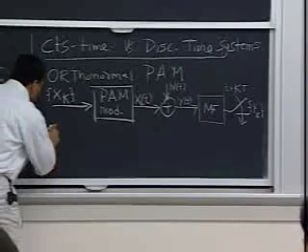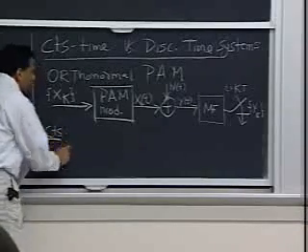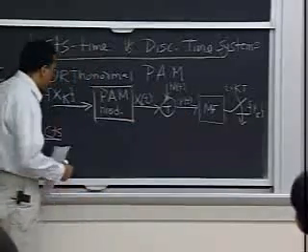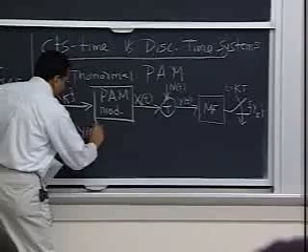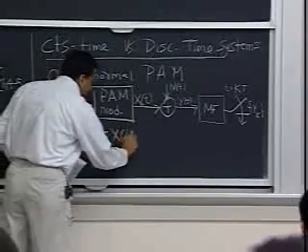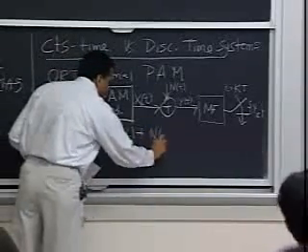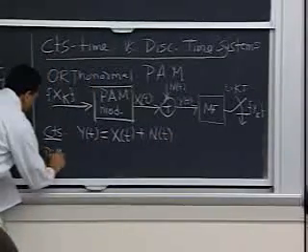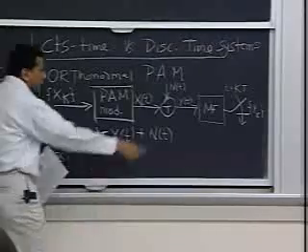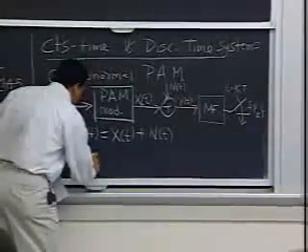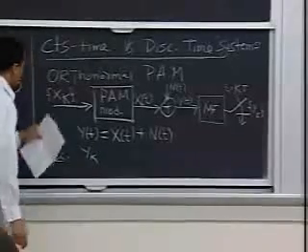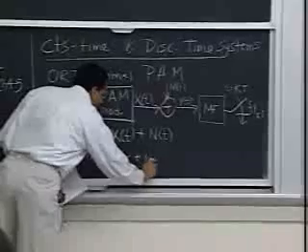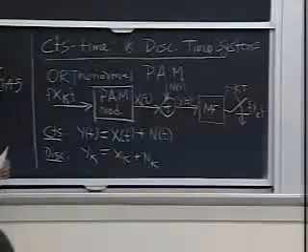The continuous time version of the channel is that you have y of t, received at the receiver, which is x of t plus n of t. The discrete time model is that you have the symbol y_k at the output of the sampler, and it equals x_k plus n_k.